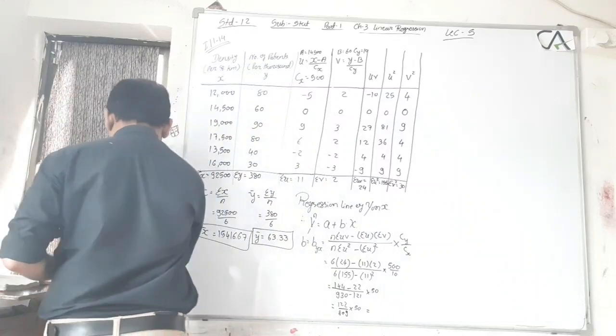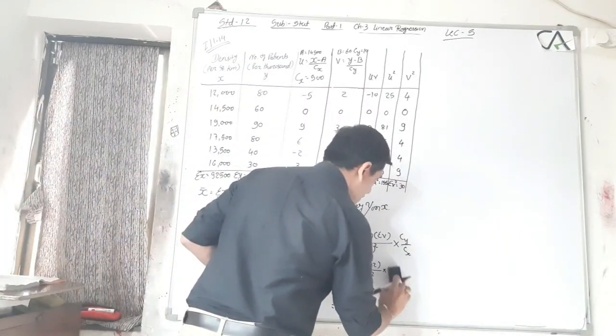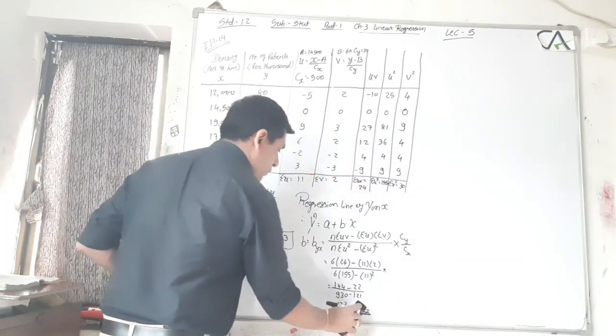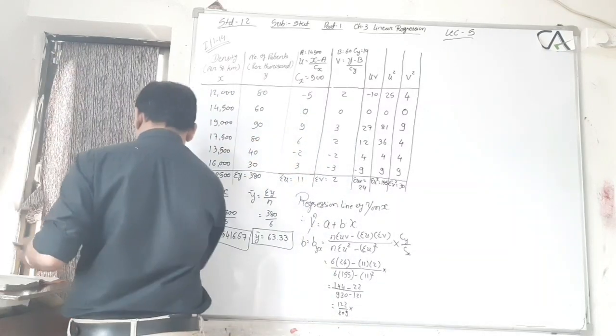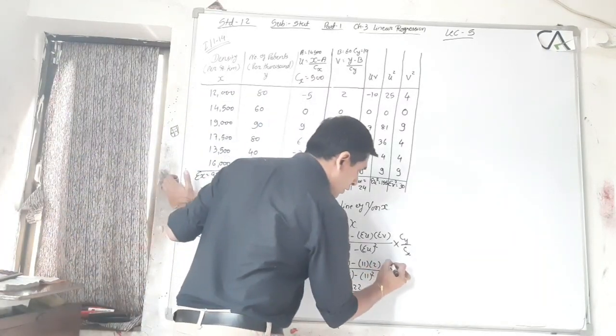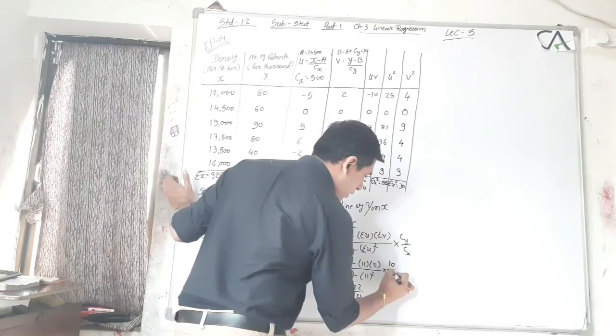Sorry, my mistake. Cy is equal to 10 here, 10 divided by 500.